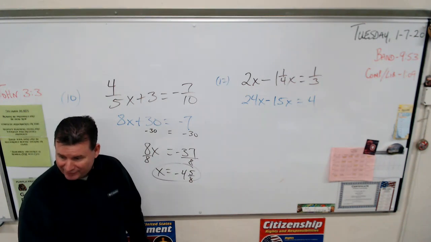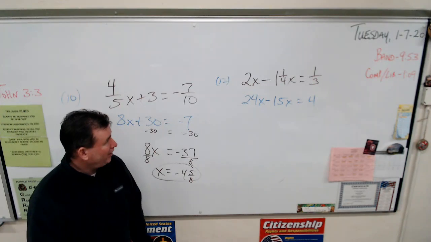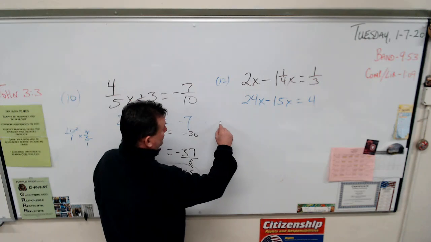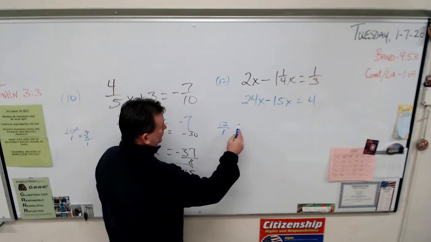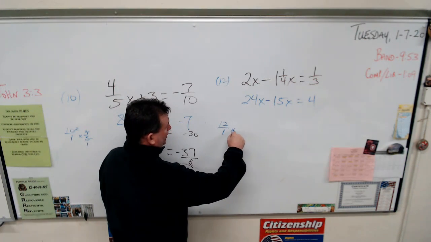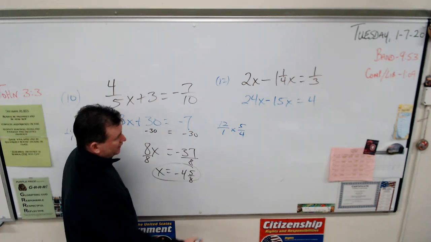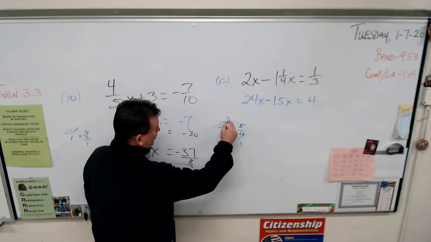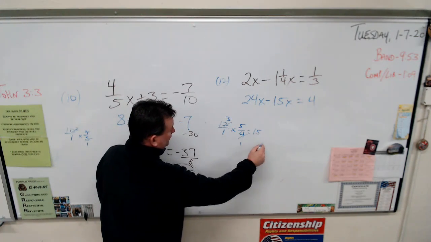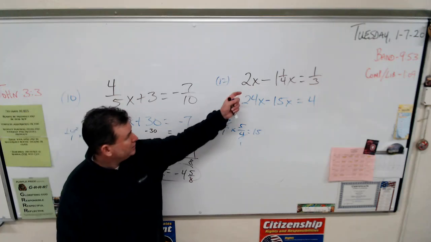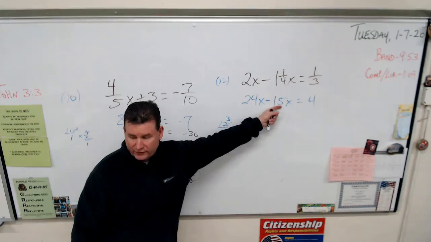Go ahead. How'd you get the 15? All right, I got the 15x because either I go like this, 12 over 1 times 1 1/4. Well, eventually I'm going to change it to 5/4, right? And I go, whoop, whoop, 15. Because 1 1/4 is 5/4, so 12 times 5/4 is 15.